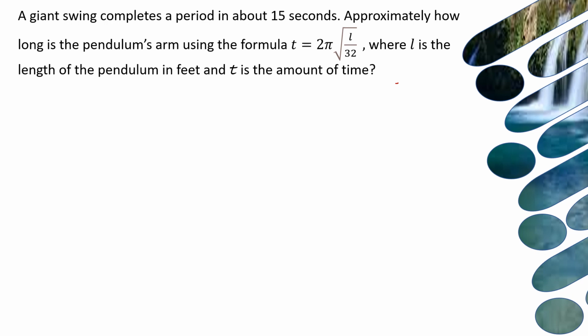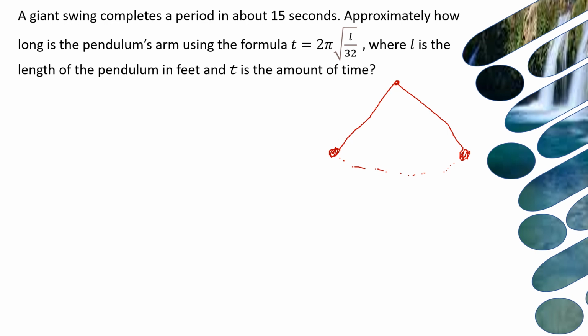Now let's draw a typical figure of a pendulum. A pendulum has a string attached to a certain weight, which makes it suspended, and it swings on its way until it reaches this point.